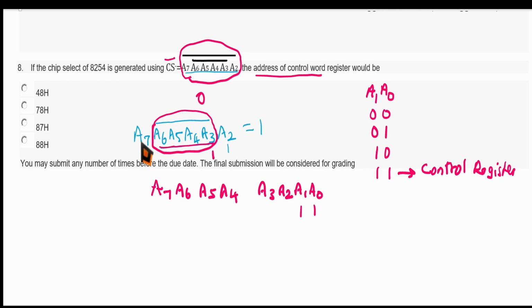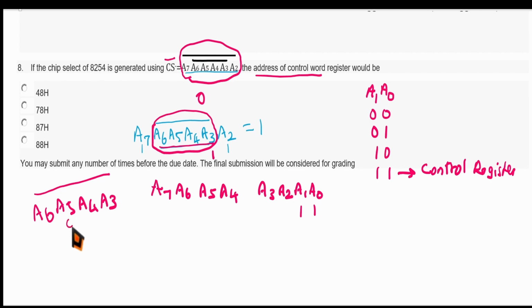Then only A7 and 1 and A2 1 will give 1. So this value should also be 1. So A6, A5, A4, A3 bar should give 1. For this is AND operation.